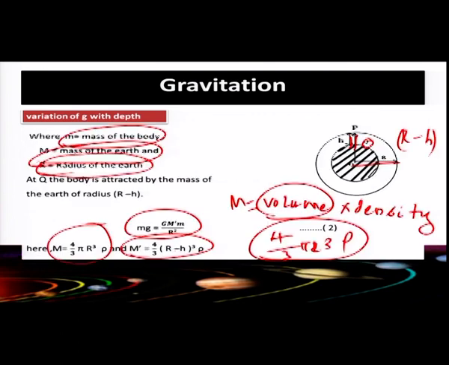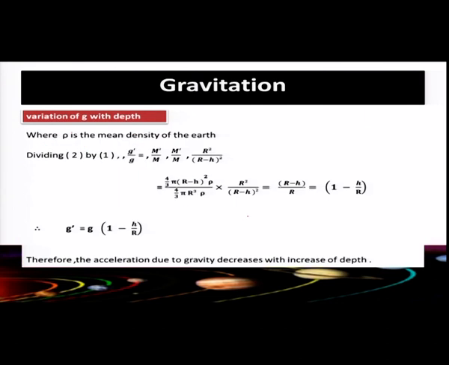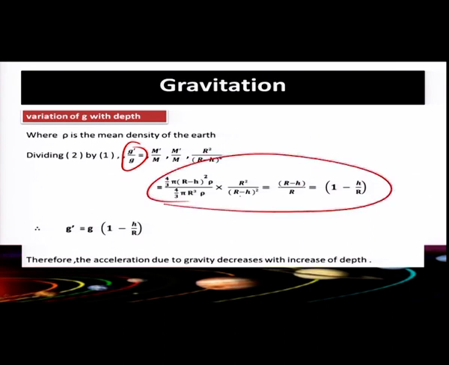Now divide these two equations, the second equation by the first equation. We get g dash by g is equal to M dash by M into r squared by r minus h the whole squared, and when you simplify it further, g dash by g turns out to be 1 minus h by r.